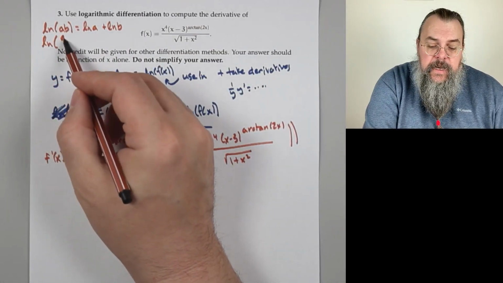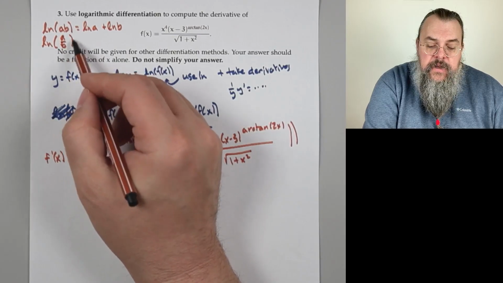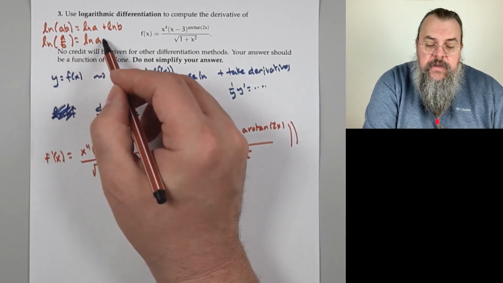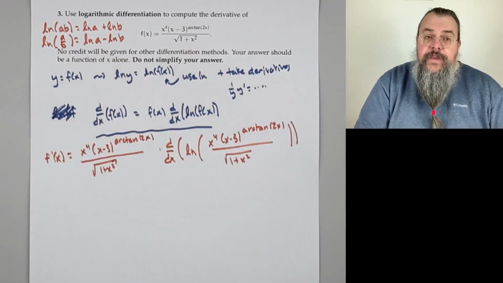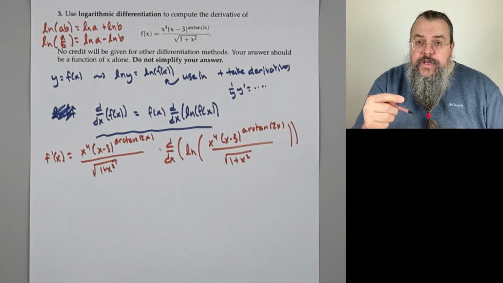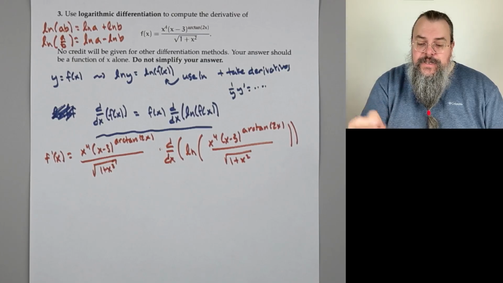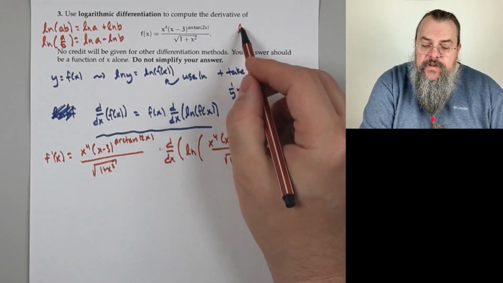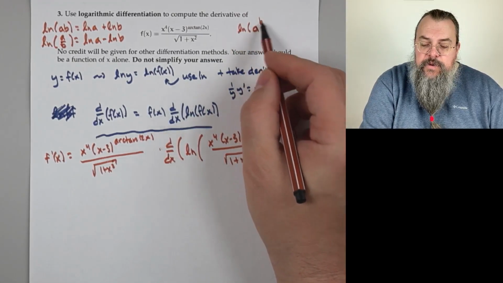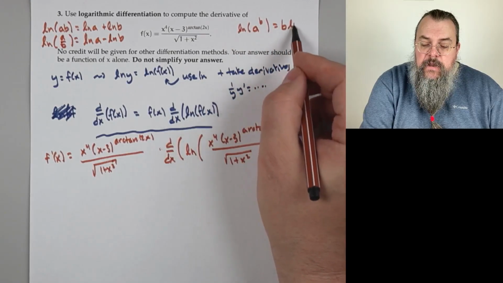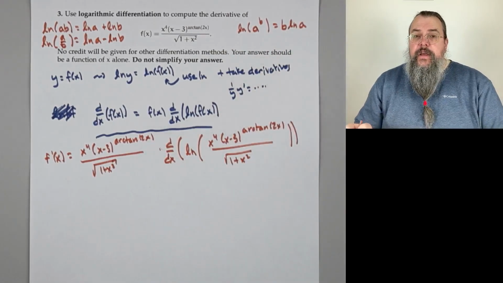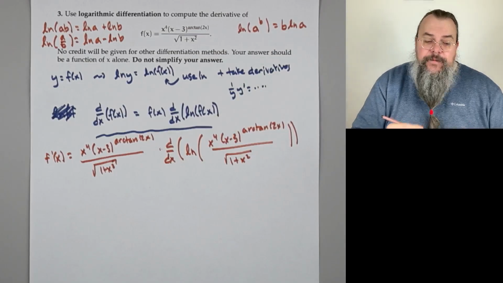Log of a over b is equal to log of a minus log of b. So that says that division becomes subtraction. And then the other one is log of a to the b is b log of a. That says exponents come down.